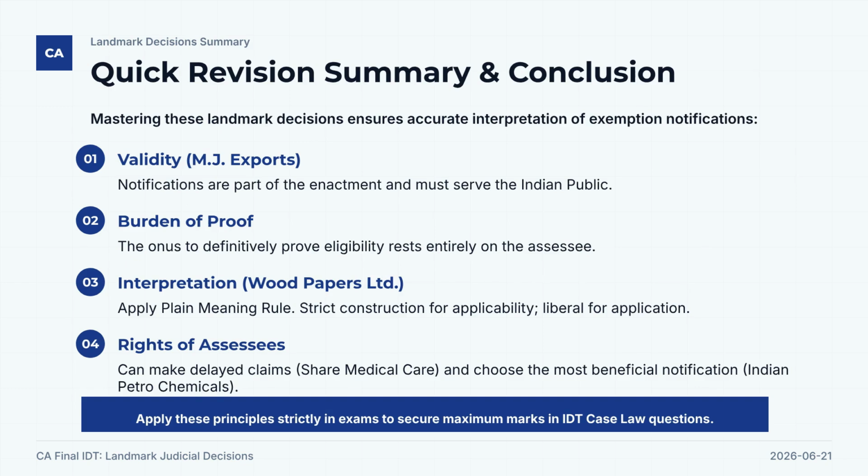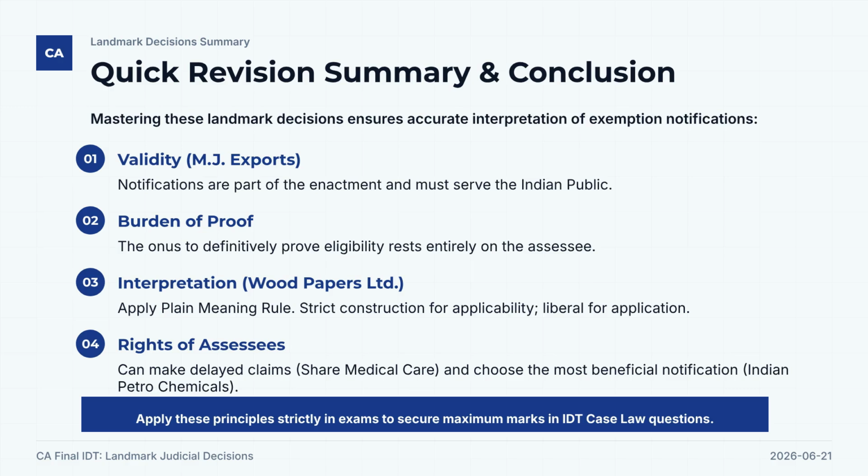Let's conclude with a quick revision. Exemption notifications form part of the enactment and must operate within constitutional and statutory limits. Public interest under Section 25 generally refers to benefits intended for the Indian public. The burden of proving eligibility lies entirely on the assessee. Apply the plain meaning rule first, and avoid extending exemption language beyond its scope.